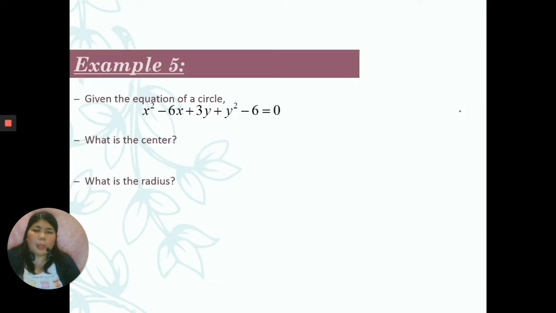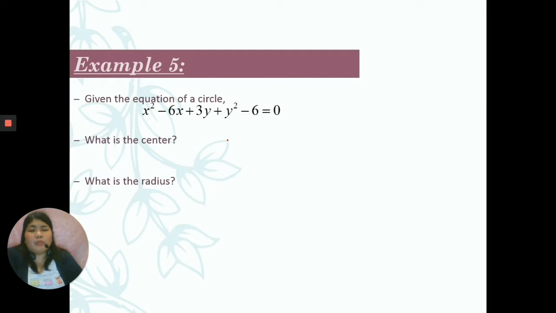Next. Now, there are some examples in which the equation is not written in standard form. In this case, the equation is written in general form, or what we call the general equation.